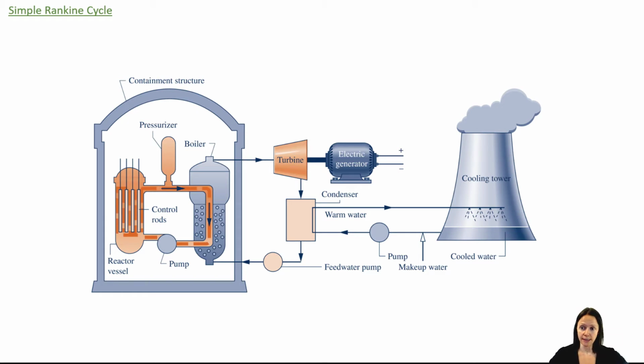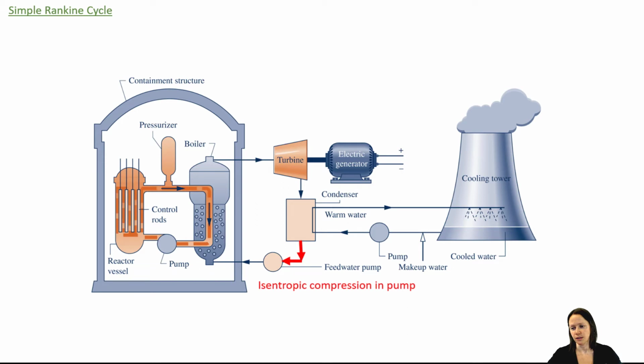Your Rankine cycle, in the middle, is the power cycle. It harnesses the heat, converts some of it to usable work, and then rejects the rest to a low temperature reservoir. The low temperature reservoir is the water on the right-hand side, the almost closed loop of warm water running to the cooling tower.